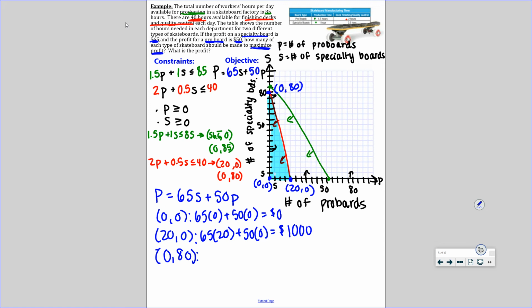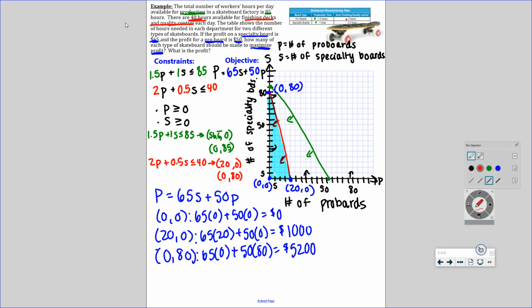Just plug that in, 65 times 20. If I have no specialty boards and 80 pro boards, that's going to give me $5,200. So which of these is our highest profit? Yeah, this is our max, right?